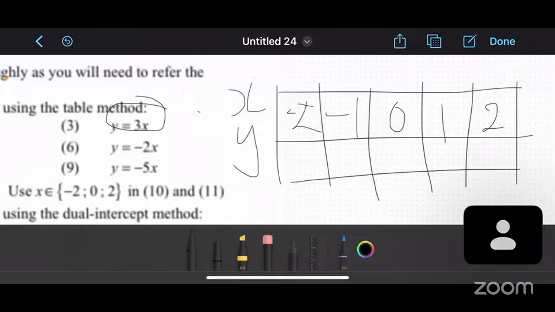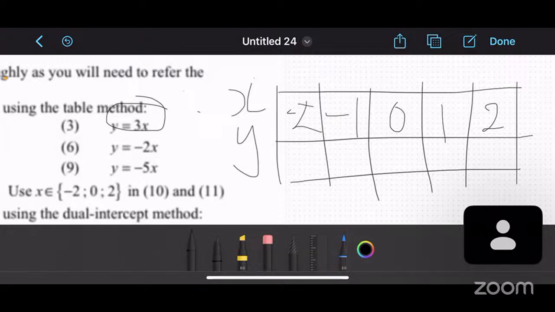Do you get it? So now the next thing that you're going to do is go to the formula, which is y is equal to 3x. When you see x in that formula, you're going to substitute each and every x value that we have picked here, which is -2, -1, 0, 1, and 2.